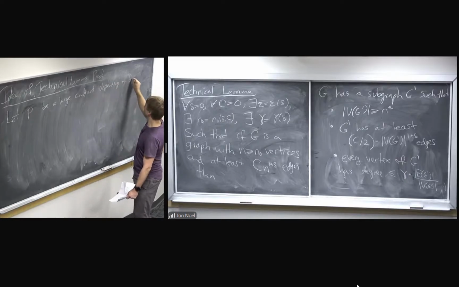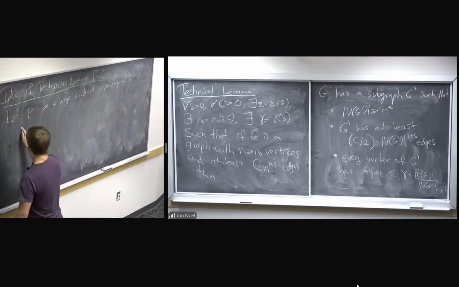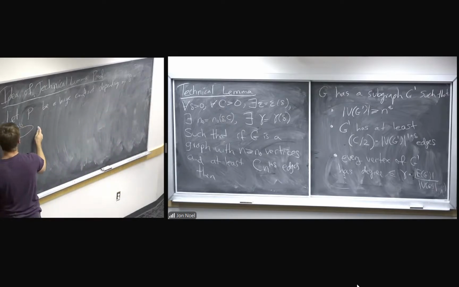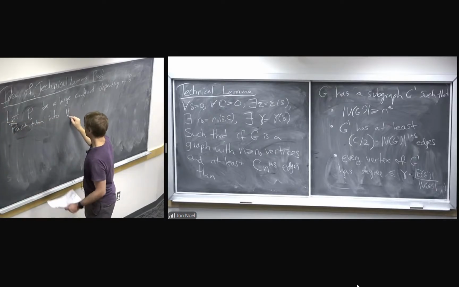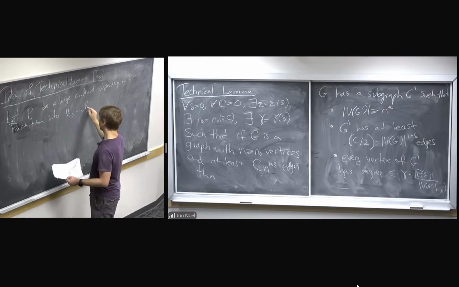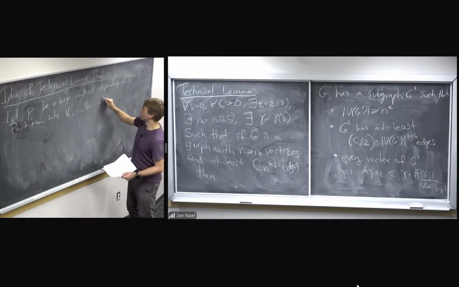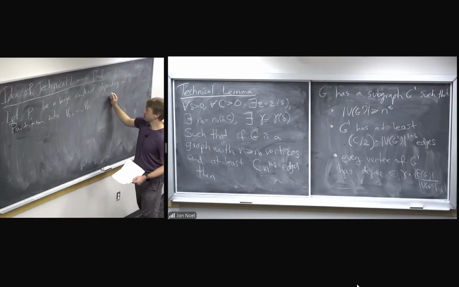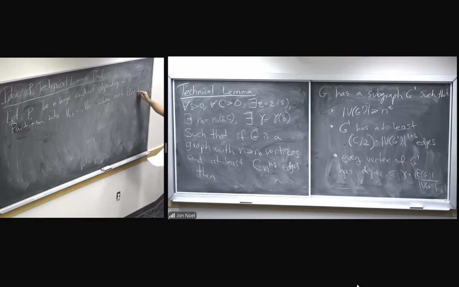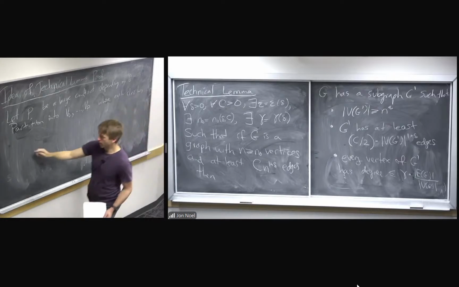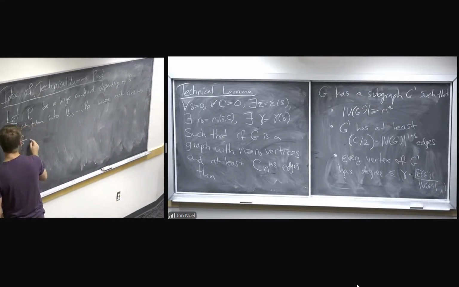I'm going to partition the vertices into V0 up to Vp, so each class has about the same size, approximately n over p vertices.